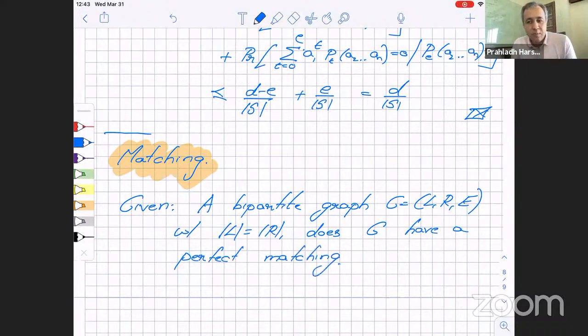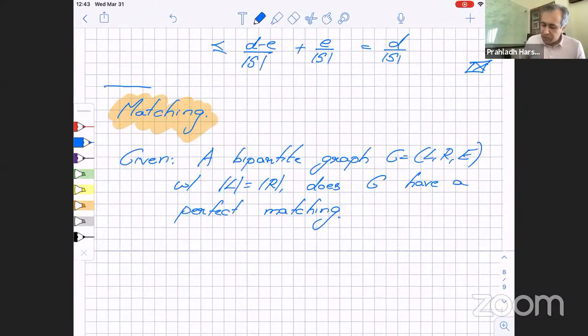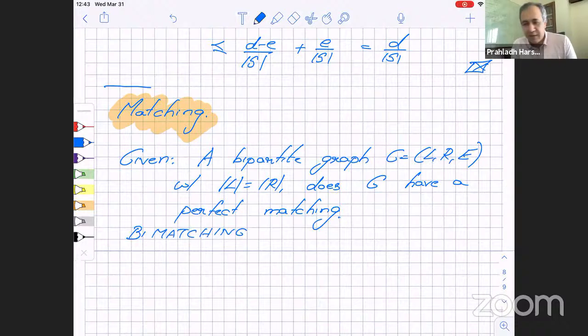We have designed this in an algorithms course, this is bipartite matching. In the algorithms course, you would have designed efficient deterministic algorithms to come up with a matching or not. We will see the power of randomness, in fact the power of the Schwartz-Zippel lemma, to come up with an extremely simple randomized algorithm that solves this problem.